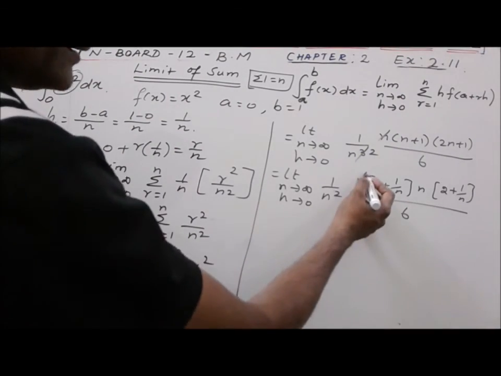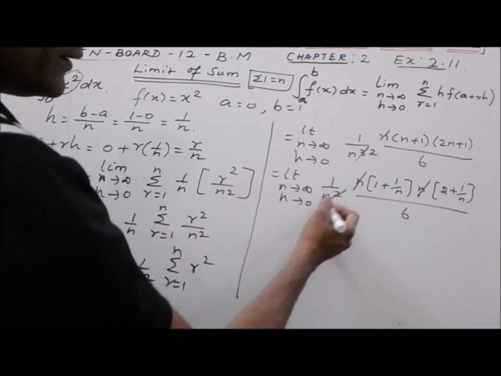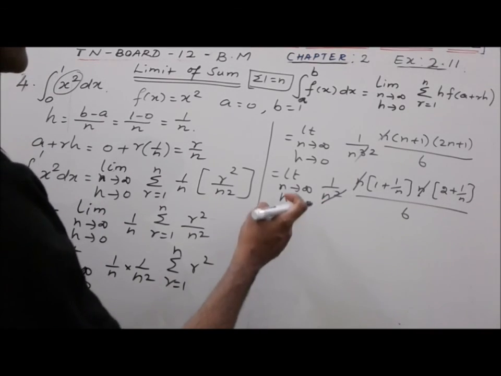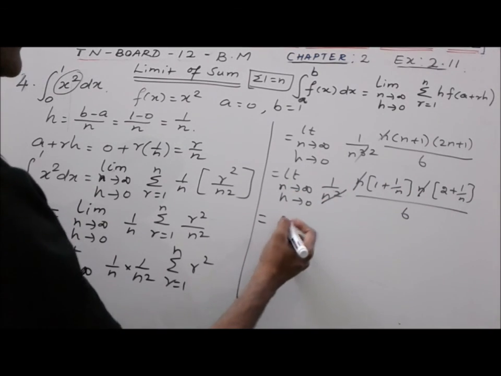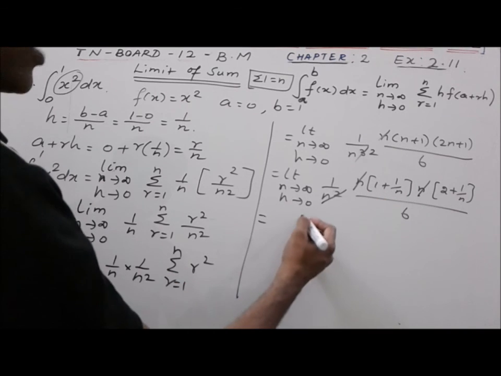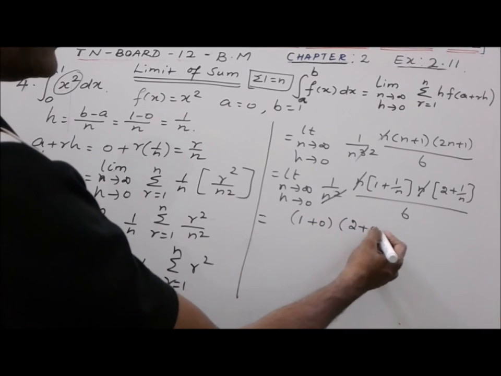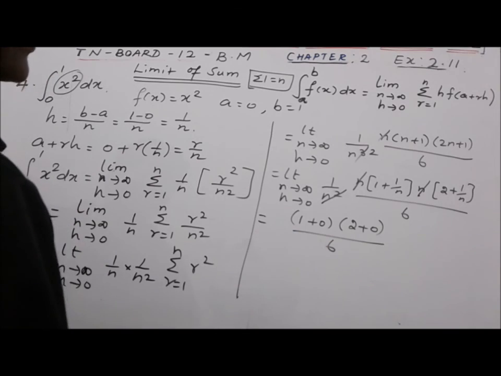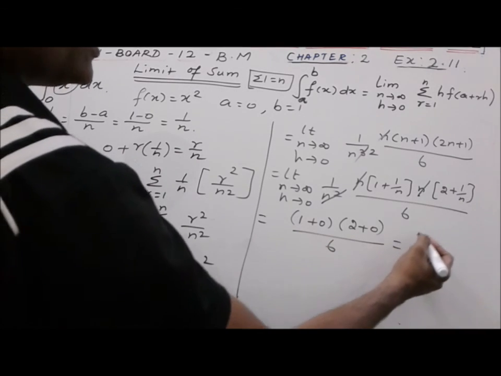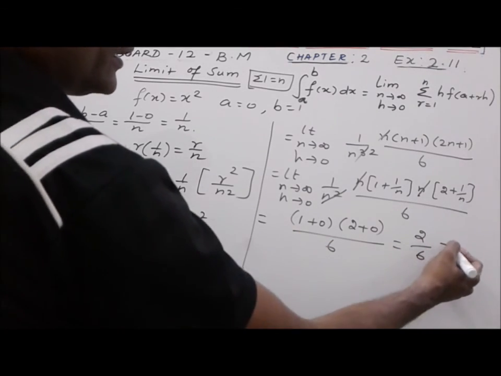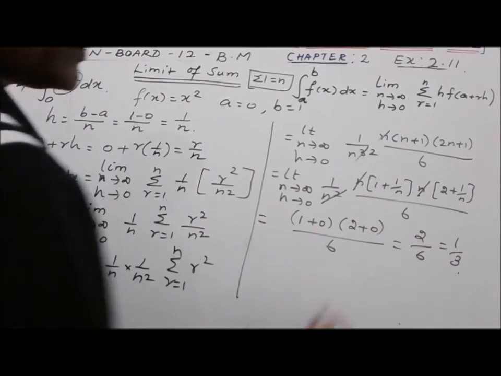Now we can cancel this n into n square by this n cube. Now substituting the limit, we have 1 plus 0 into 2 plus 0 divided by 6. That is equal to 2 by 6, equal to 1 by 3.